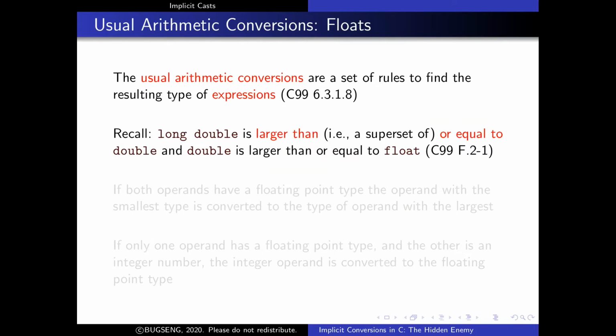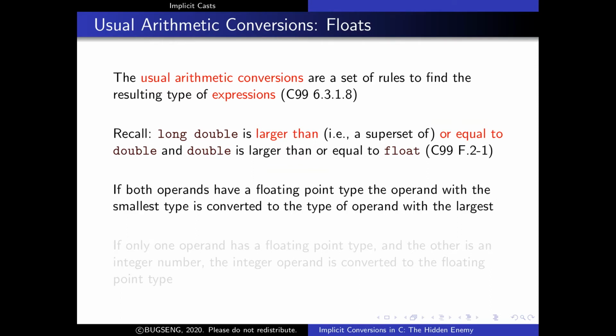So any value of type double can be converted to long double without any loss of precision. Similarly, double is larger than or equal to float. The rules are very simple. If both operands have floating point type, then the operand with the smaller type is converted to the type of the operand with the larger type. So it's safe, which is good.